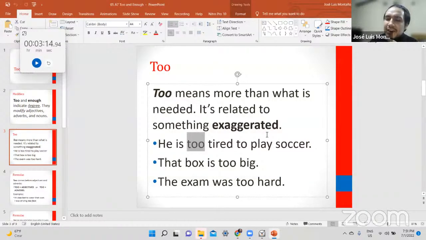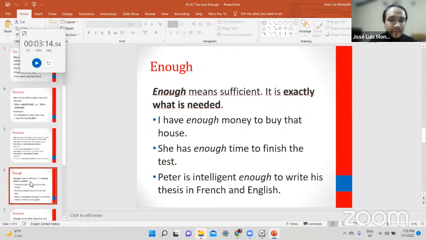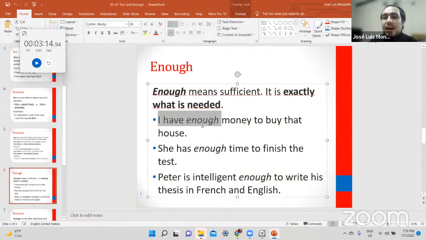Too, remember, has a negative connotation, right? It's negative. I'm too tired. I'm too stressed out, and so on. And with enough, it's the same, but it can be positive or negative. It depends if you use it in affirmative or negative. So you can say, I have enough money, right? This is sufficient. This is what you need.